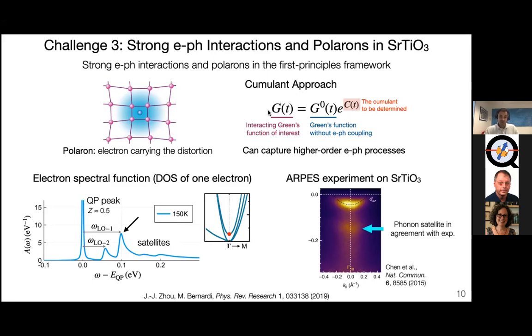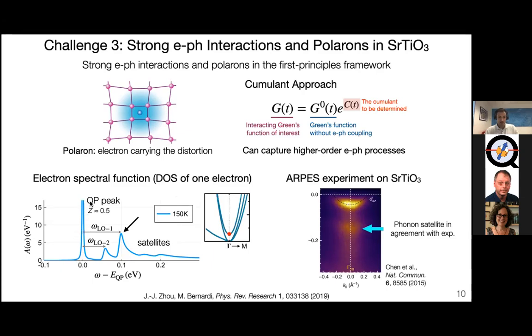To show you this, from the Green's function, we can obtain the electron spectral function for an electronic state in cubic strontium titanate near the bottom of the conduction band. Now, the electron spectral function is essentially the density of states for one electron, and therefore we would expect to see a peak in this function at the band energy, which is set here to 0.